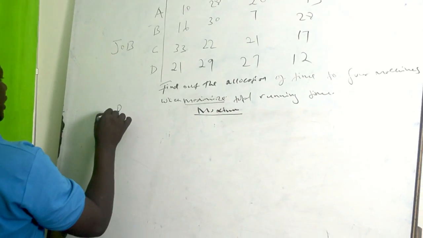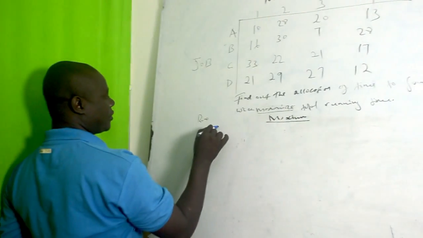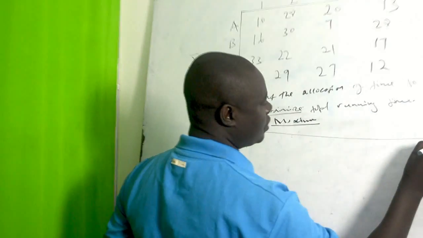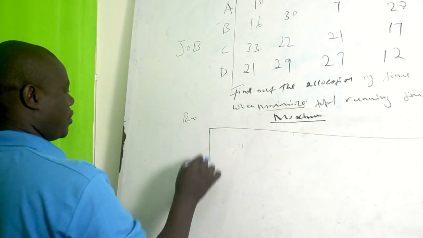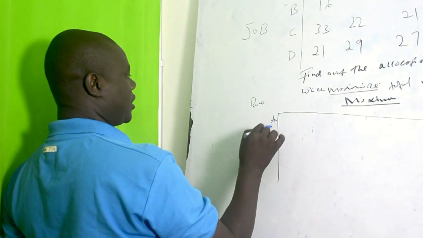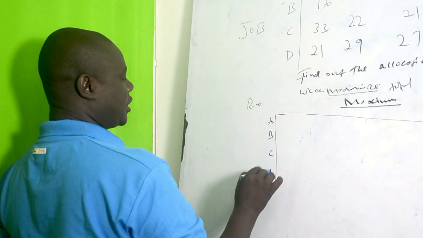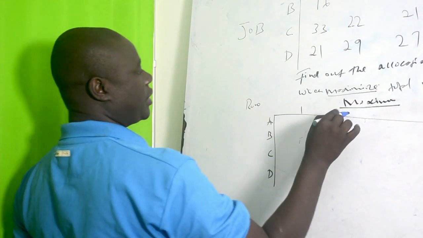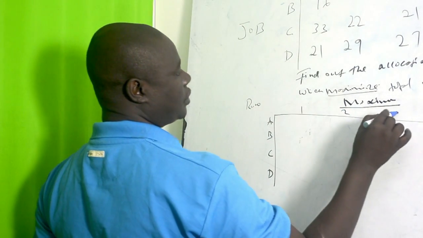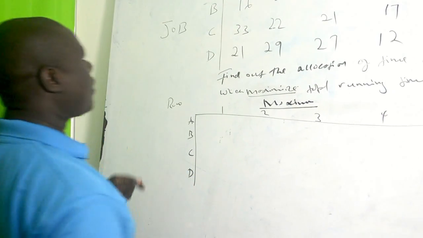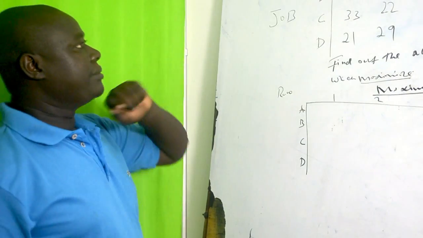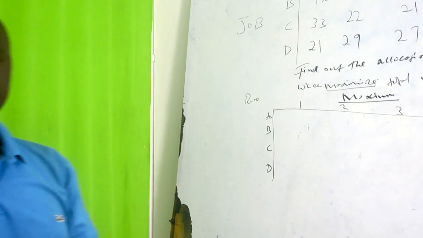Now you start with the rows as we started last time. Then you draw it. We have A, B, C, and D, and 1, 2, 3, 4. Now in maximization, you take the largest number.